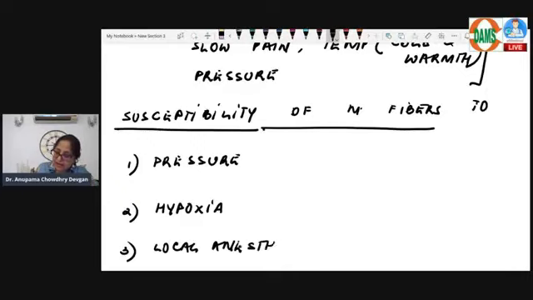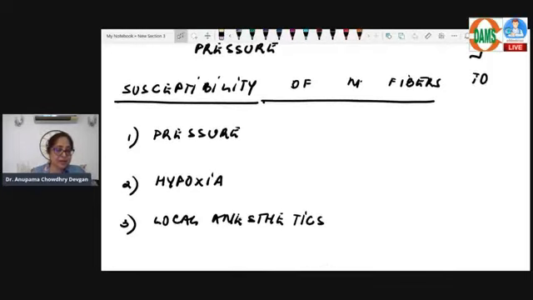Susceptibility of the nerve fiber to pressure, to hypoxia, and to local anesthetics.